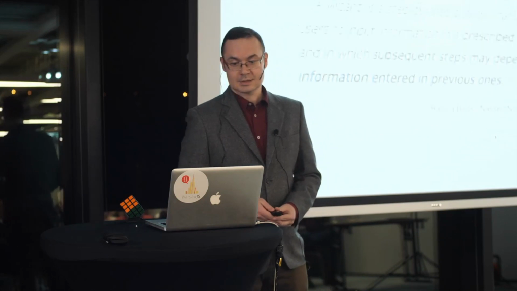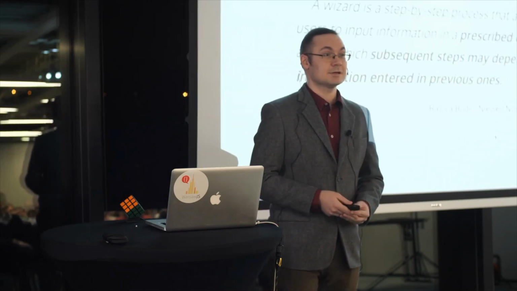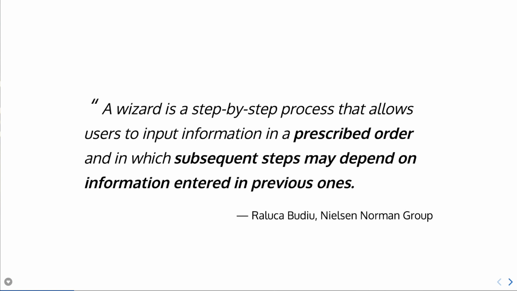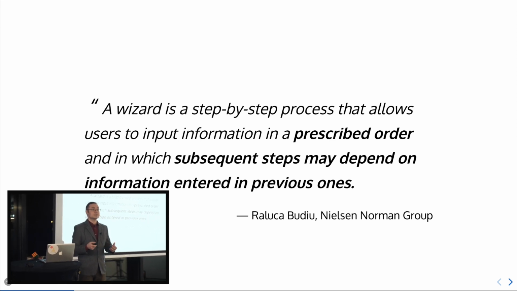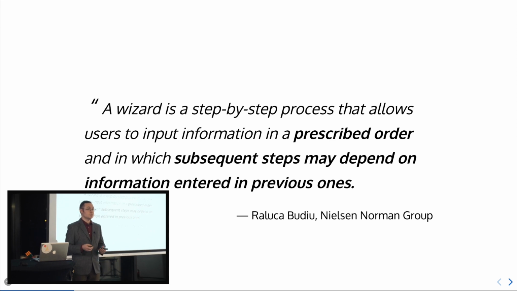A wizard is a step-by-step process that allows the visitor, or the customer in our case, to complete something for the first time in a controlled fashion. For example, if they want to order a product that is configurable, like a bicycle, and they would like to have a custom chain or some extra features in it, but they are doing it from time to time, not always.